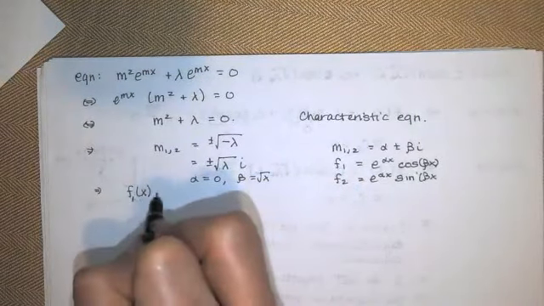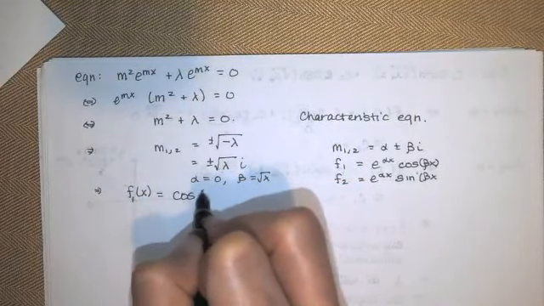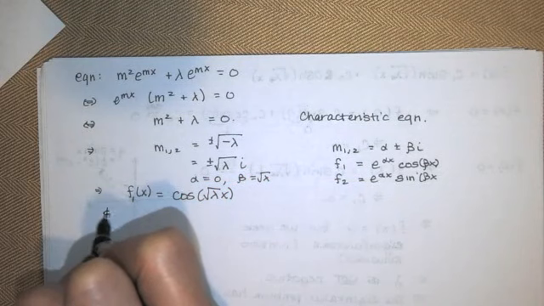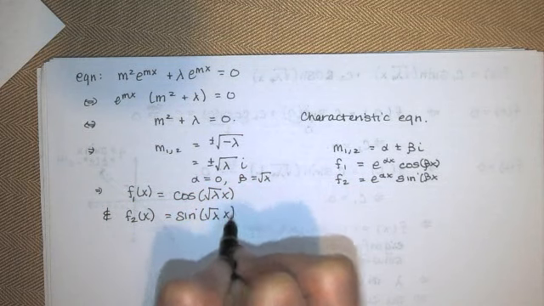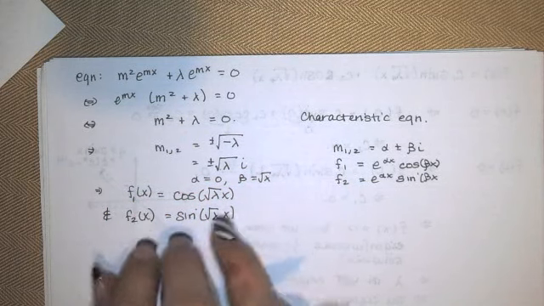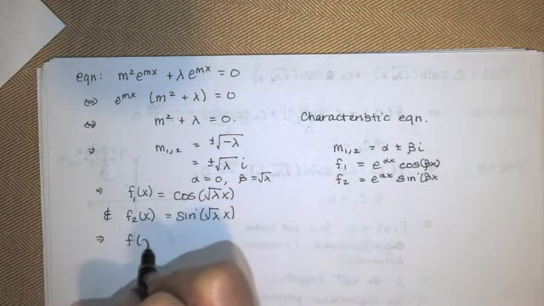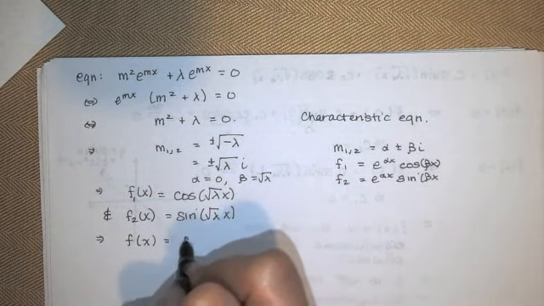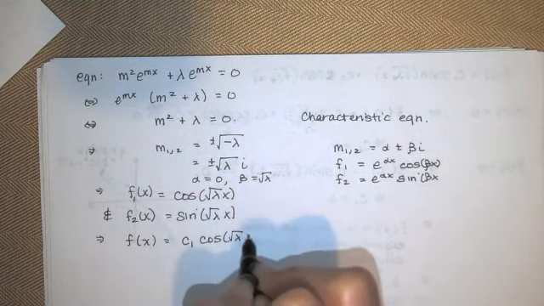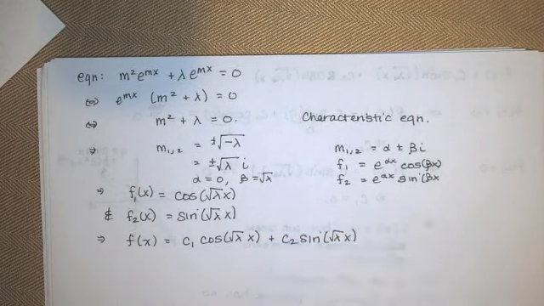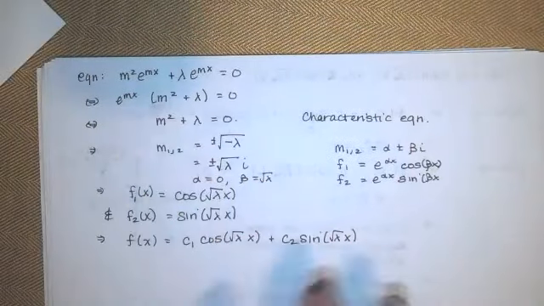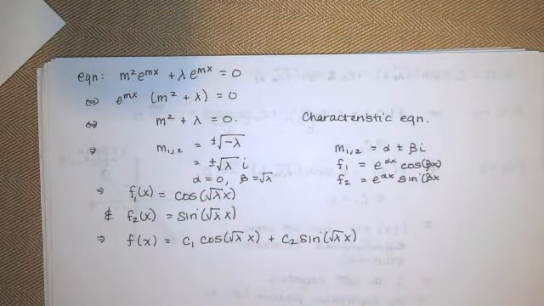And that means that f sub 1 is just cosine of the square root of lambda times x. And f sub 2 is sine. Looks exactly the same, except you change the cosine with a sine. So those would be your two linearly independent solutions to the differential equation, and therefore your general solution, or a form of the general solution, is C1 times cosine of square root of lambda times x plus C2 times sine of square root of lambda times x. So we know that's true. Now, again, you don't have to show all of this. I'm just reviewing it for those students that need to review it.